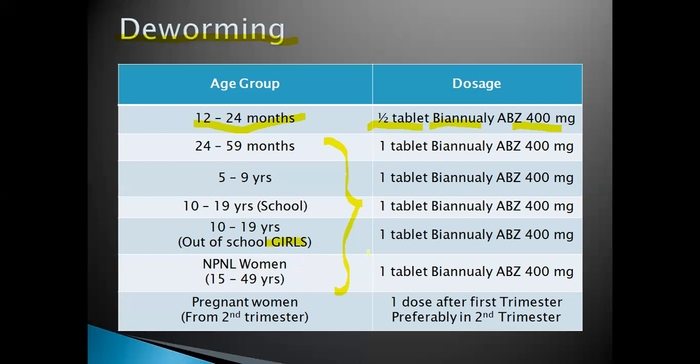For all of them, the dose of albendazole remains same, which is one tablet to be given every 6 months, in other words, biannually, and the dose would be 400 milligram.